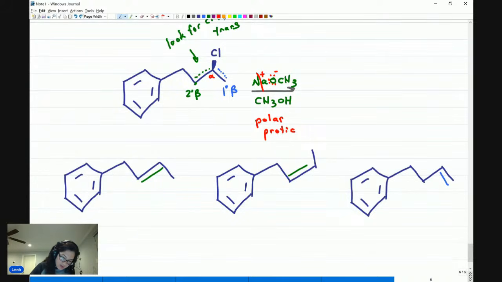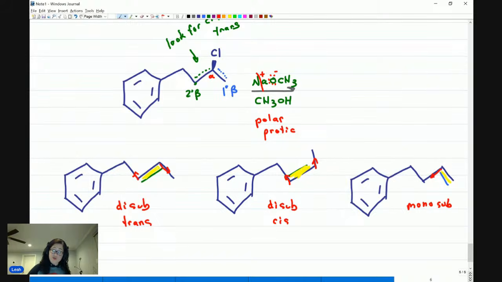If I do the highlighter trick on all of them, I highlight the pi bond. 1, 2. This is disubstituted trans. 1, 2. Disubstituted cis. And just 1. This is monosubstituted, no cis or trans because it's terminal. And that means this one is my major product and this one is my minor.